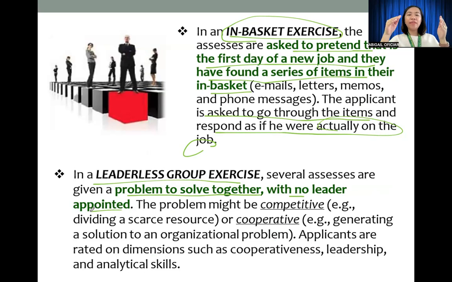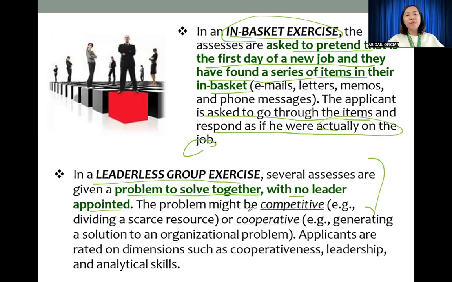Okay, and the idea when it comes to leaderless group exercise is the leader will arise. Okay, so kagaya na lang sa mga group projects ng student sometimes, di ba? Wala man i-appoint na leader, pero once you discuss with your group mates, there is one or someone or somebody who will arise as a leader. So yun yung idea din nitong leaderless group exercise.